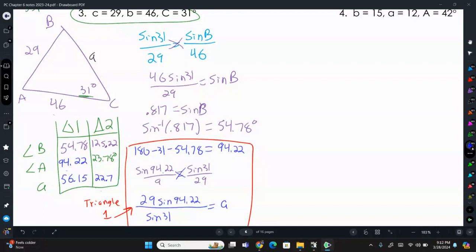One of the things that historically students have struggled with is the difference between side A and angle A. They go together. You look at those two. Are they both the smallest? Is angle A and side A the smallest in triangle number 2? They are. You compare angle A with all the other angles and side A with all the other sides.